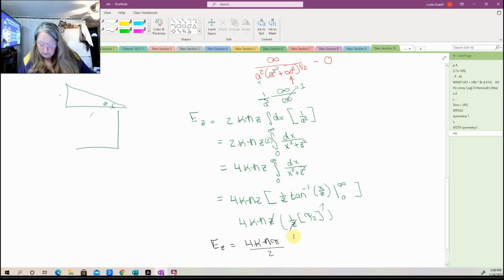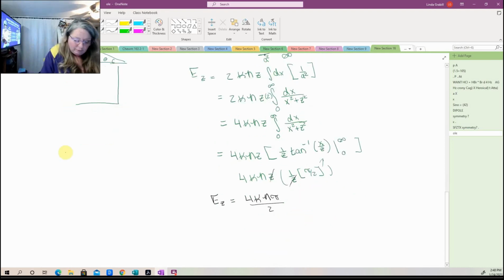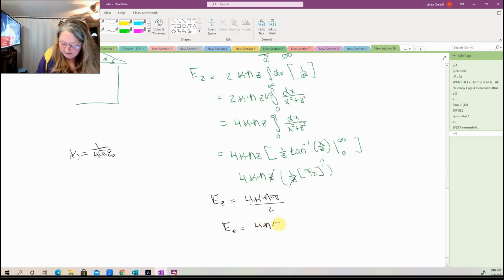Now if you look in your book or elsewhere, everybody is very fond of using k equals 1 over 4 pi epsilon naught. So we can make that substitution if we want. The E total is going to be 4 eta pi over 2 times 4, which is 8 pi epsilon naught.